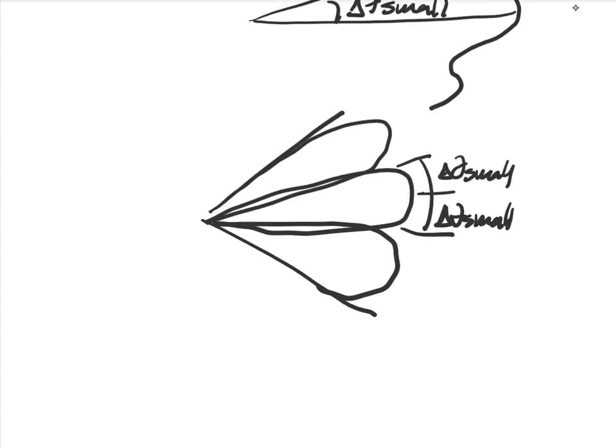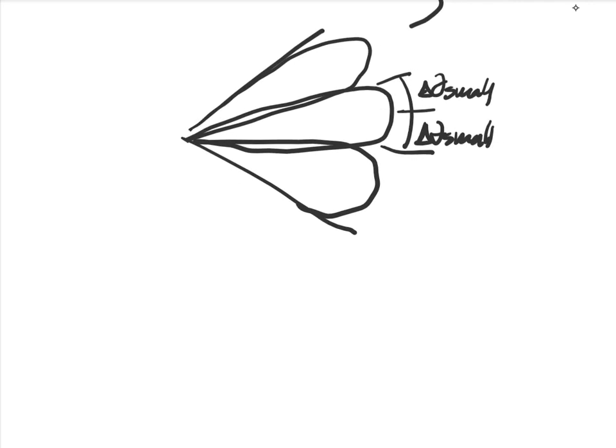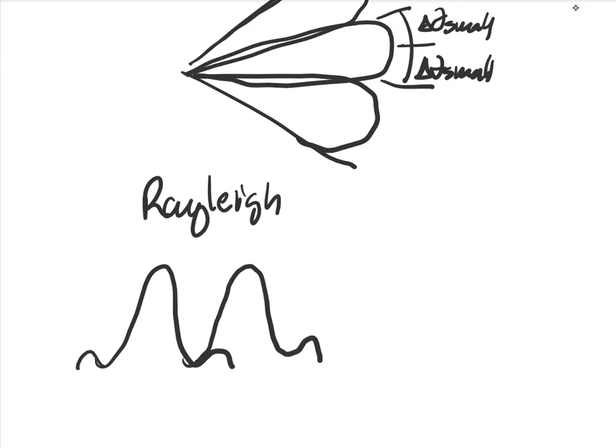So this would have been more accurate, except for the fact that the definition of resolution isn't abutted sinc functions. That is to say that the Rayleigh criterion for resolution doesn't have sinc functions stacked next to each other where their nulls touch.